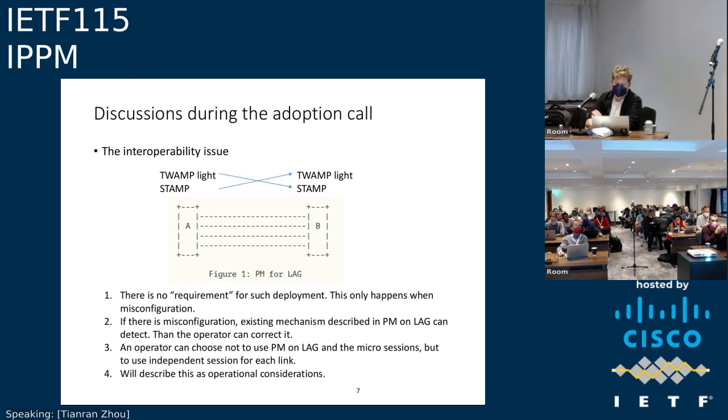And if there is misconfiguration, the existing mechanism described in this draft can detect it, then the operator can correct it. Lastly, an operator can choose not to use PM on LAG and the micro session, but to use an independent session for each link. We will describe this as operational considerations in our next revision. Next page.